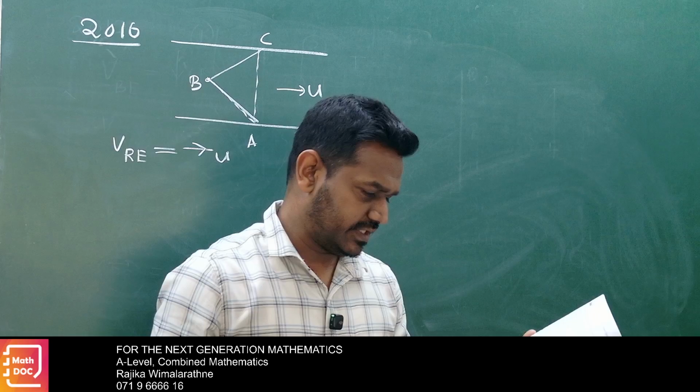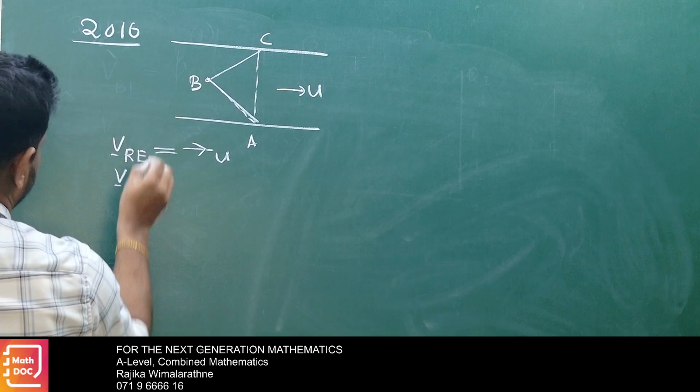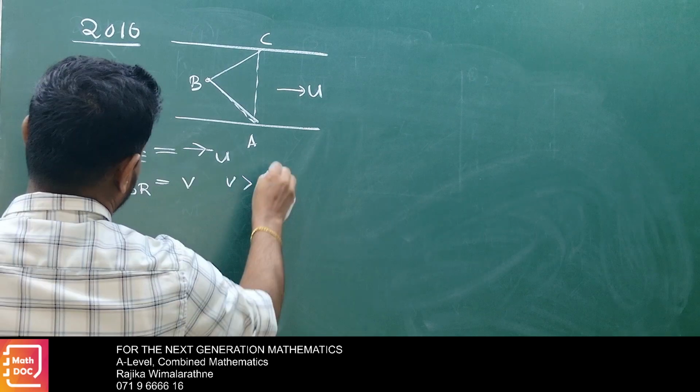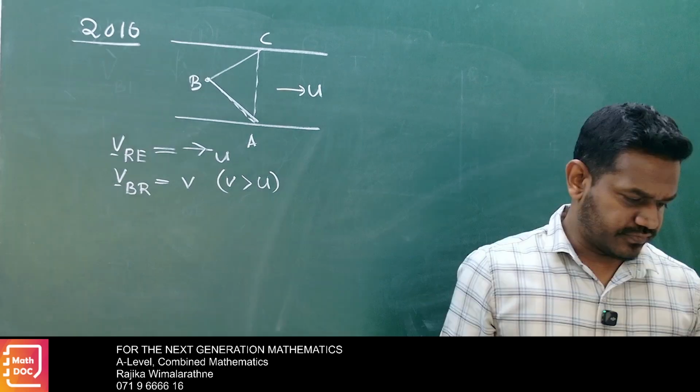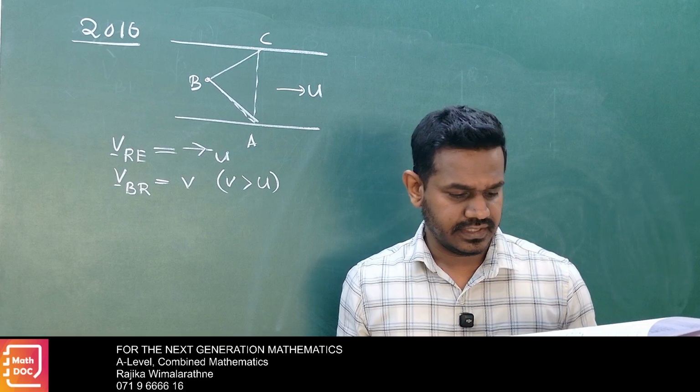Velocity of boat with respect to water or river, v, is given, greater than u, no? It starts off from A and moves until it reaches B. Then it moves from B to C. Sketch the velocities.